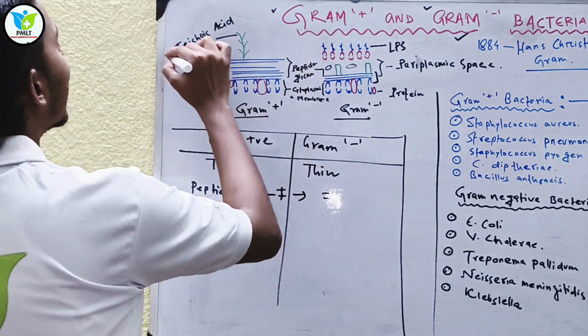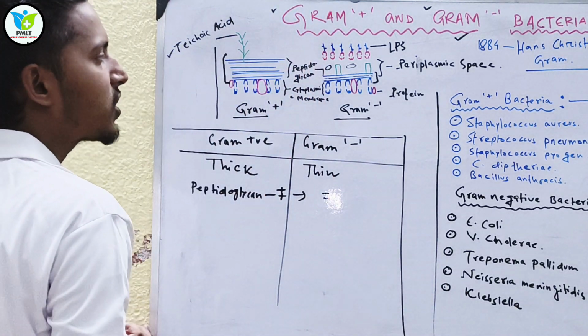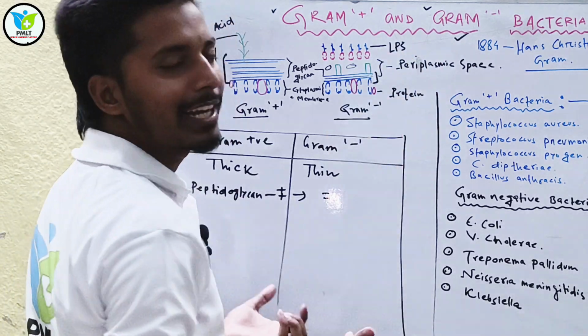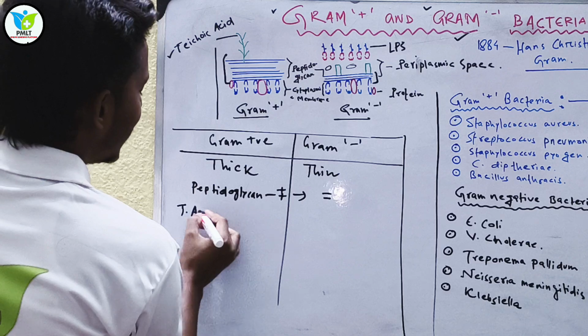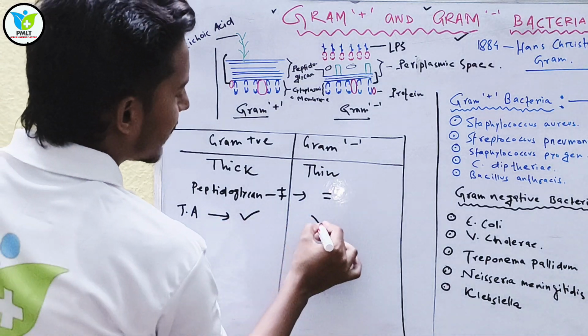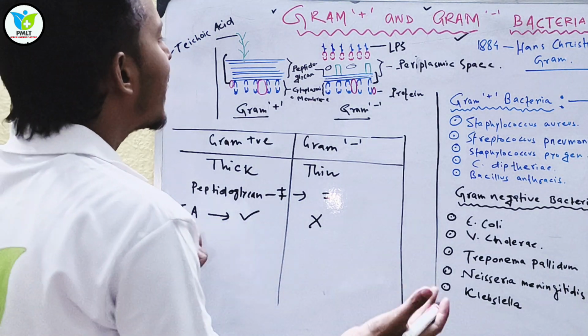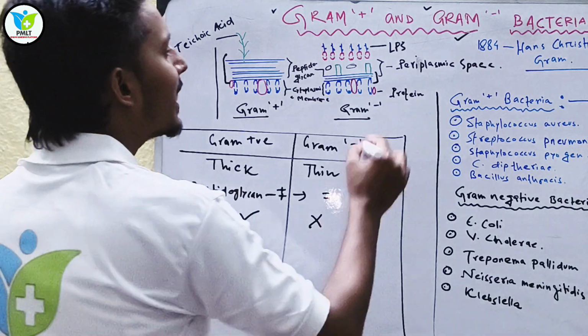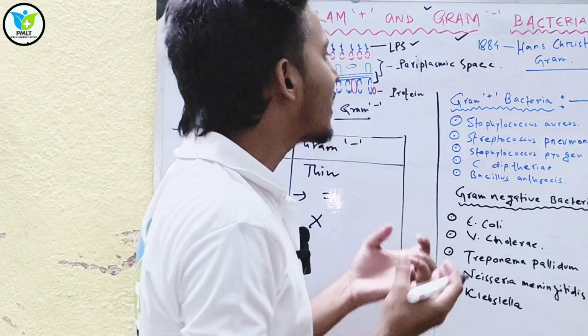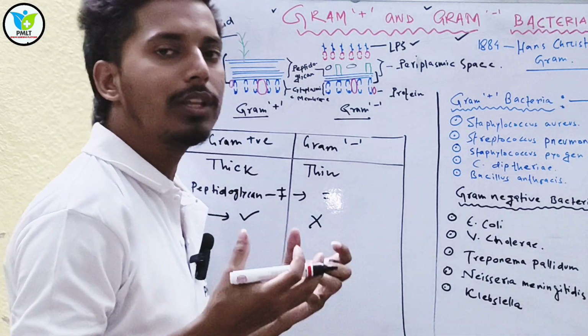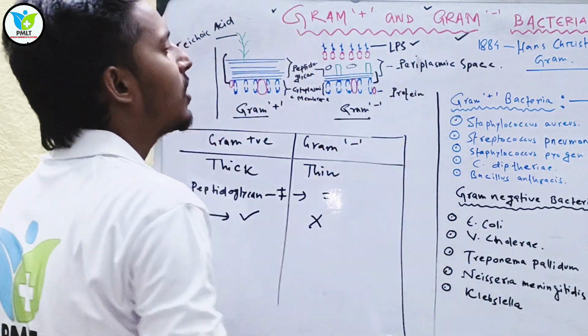Thirdly, teichoic acid is present in gram positive. Here it does not contain any teichoic acid. So teichoic acid here is present, and here it is absent. After that, here is LPS, lipopolysaccharide, where polysaccharide is attached to lipid.